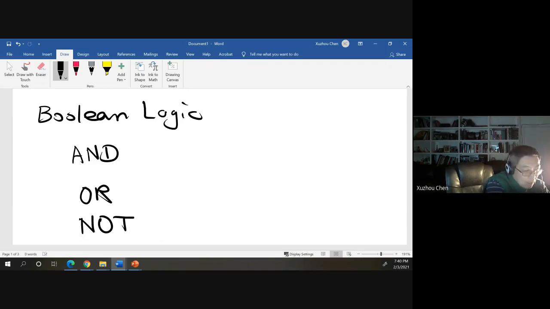These are three different operations that they use to combine a couple of simple statements into a more complicated statement.